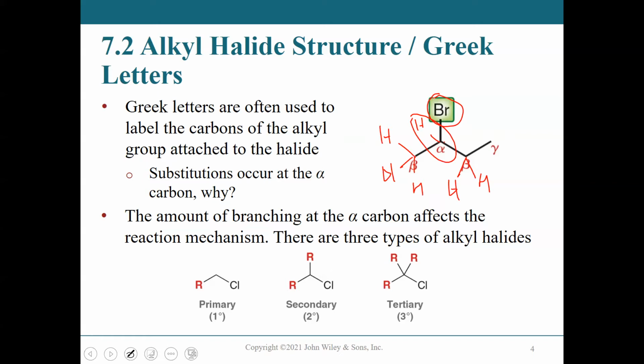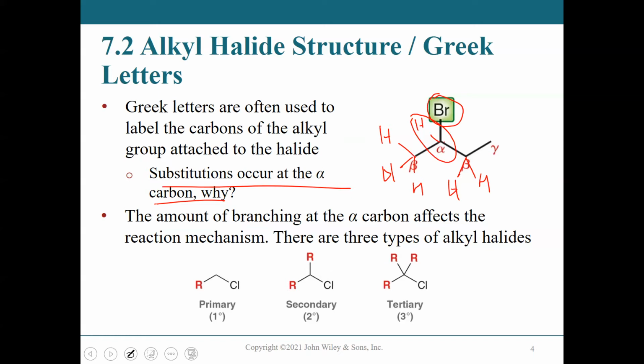Do not touch it. Substitution occurs at the alpha carbon, which we already went over. Elimination involves the beta hydrogen. Why is it the beta hydrogen? Because it needs to be an adjacent carbon so you can form your alkene. Alkene means 2 carbons are forming a pi bond. So definitely you need that interaction with that second carbon.